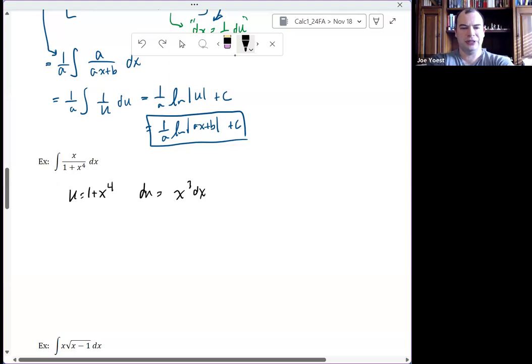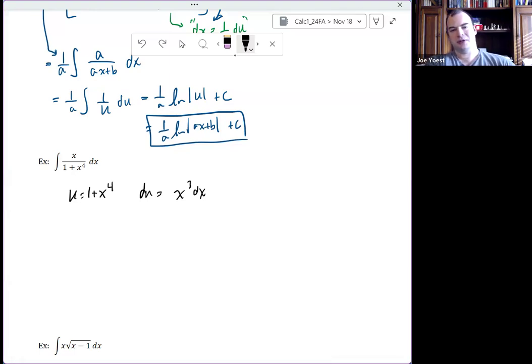But I do understand that this 1 plus x to the fourth in the denominator is the thing that's causing most of the problems here. I should also note, ideally we would want to check, okay, is this just the derivative of a function I know? Probably not. Is this close to the derivative of a function I know?